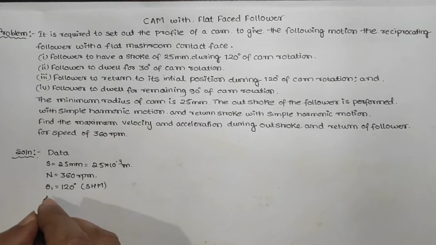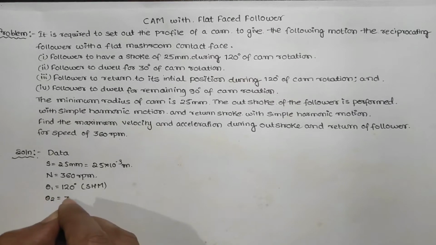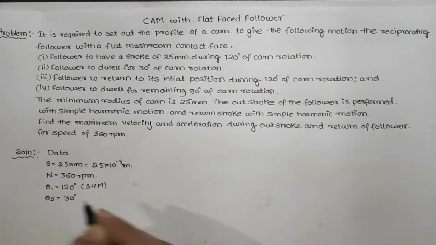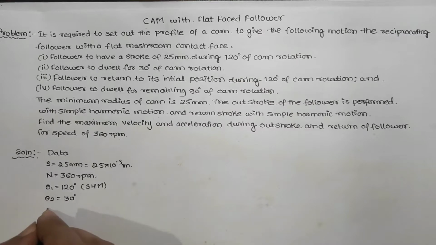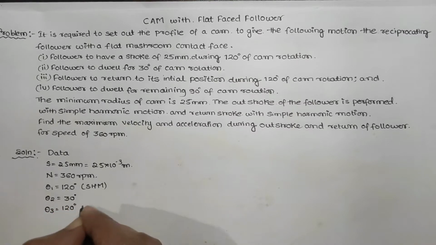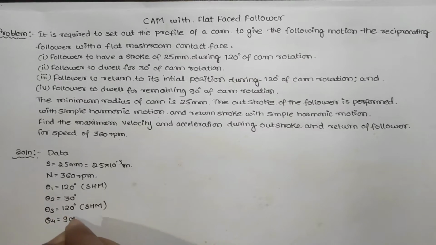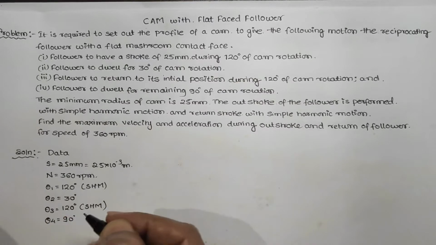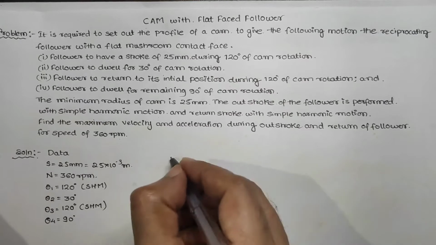Then theta 2 equal to 30 degree, that is dwell. Theta 3 equal to 120 degree, it's also SHM. And theta 4 he has already given, it will be 90 degree.